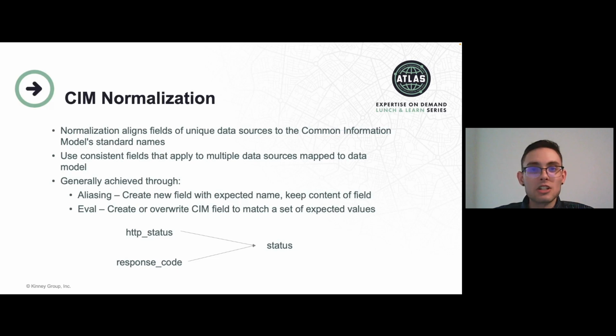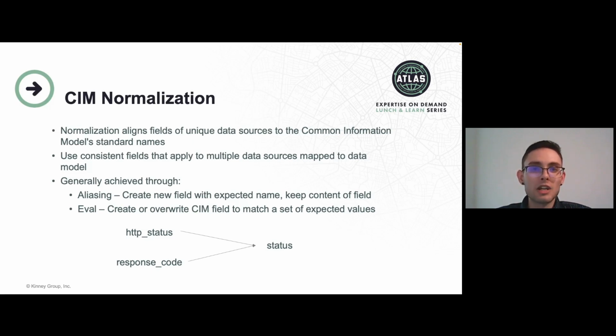So if I had HTTP status and wanted to also have status, I would just make an alias if that value was as expected. The other option is eval, and that would be based on the contents of a particular field. Sometimes, and you can read this in the documentation for Common Information Model and data model configuration, you'll have expected values for certain fields.